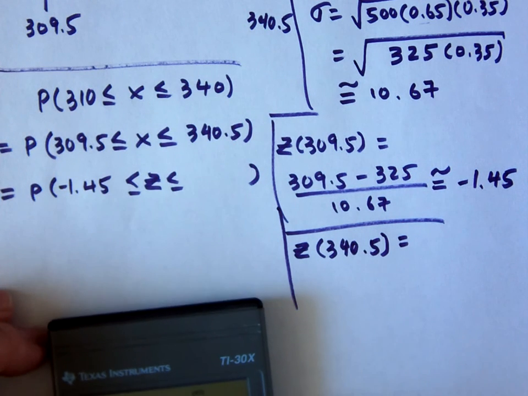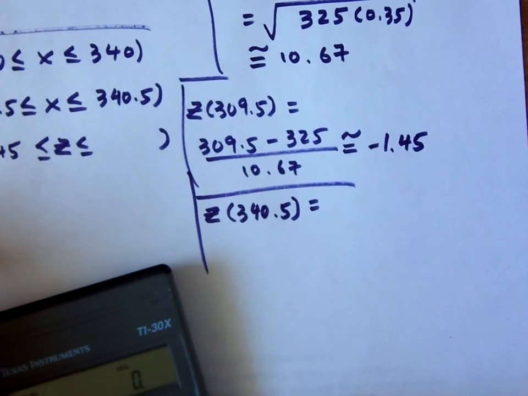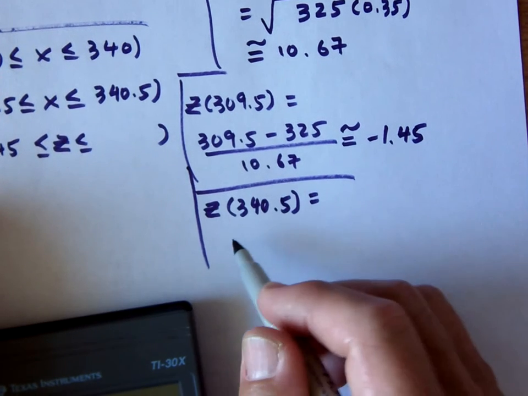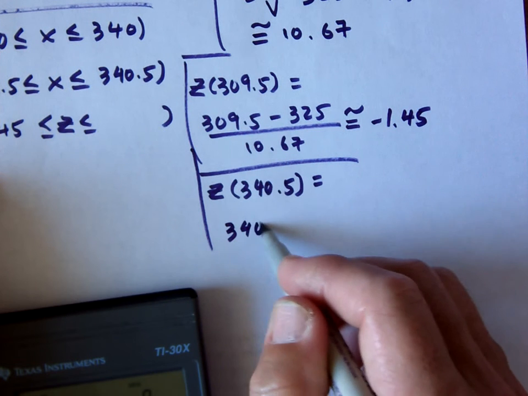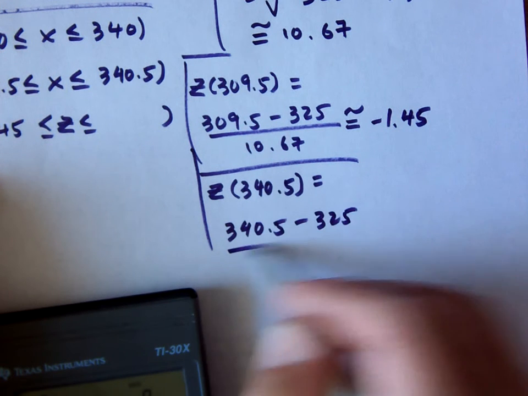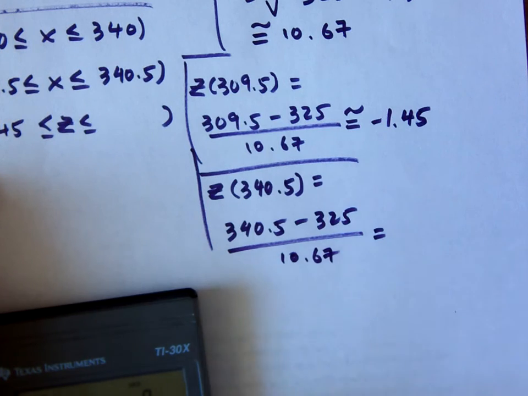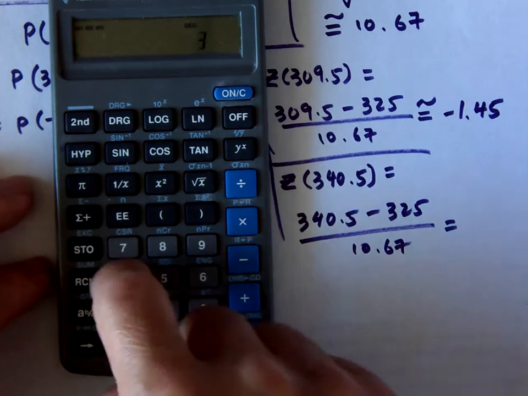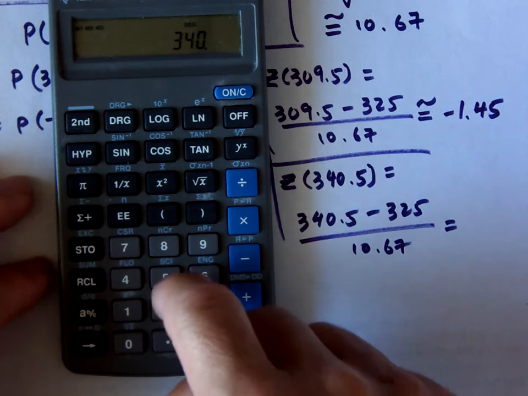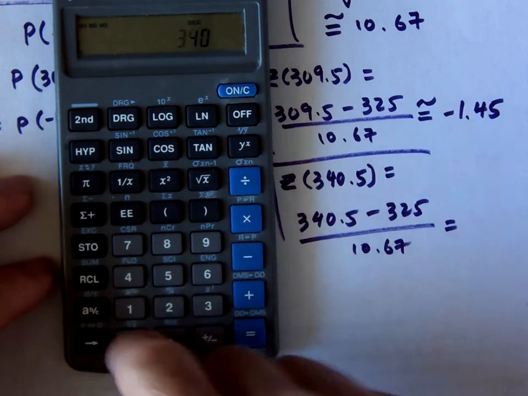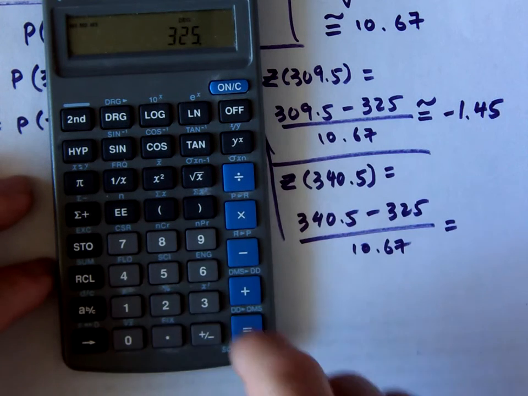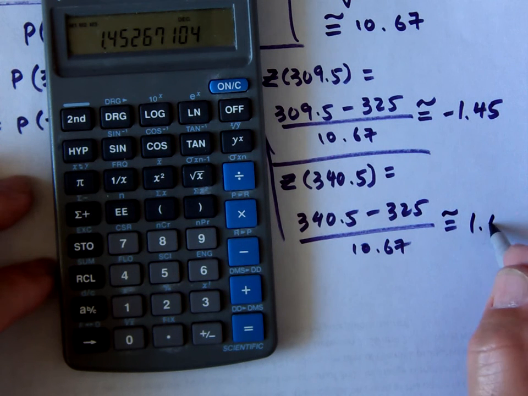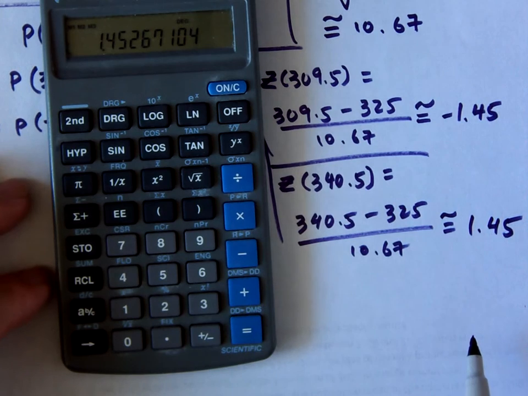What you'll see is that this number will be almost the same, just without the negative. So let's do this. 340.5 minus recall 1 divided by recall 2. Again it's the same, 1.45.